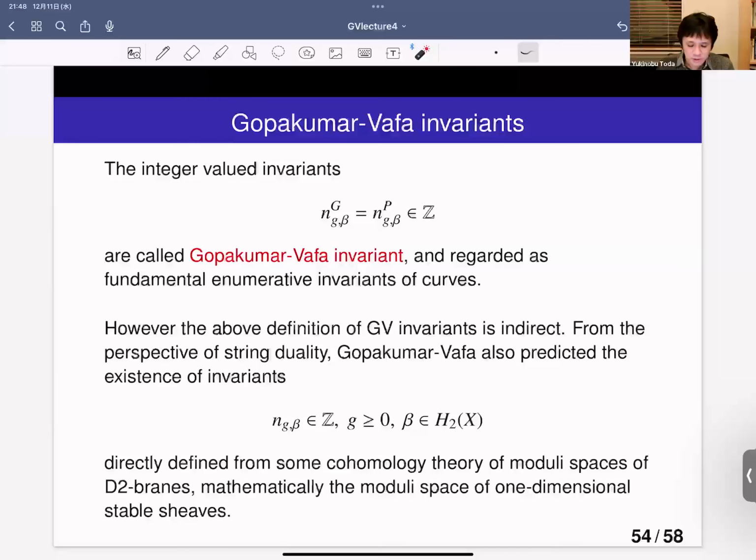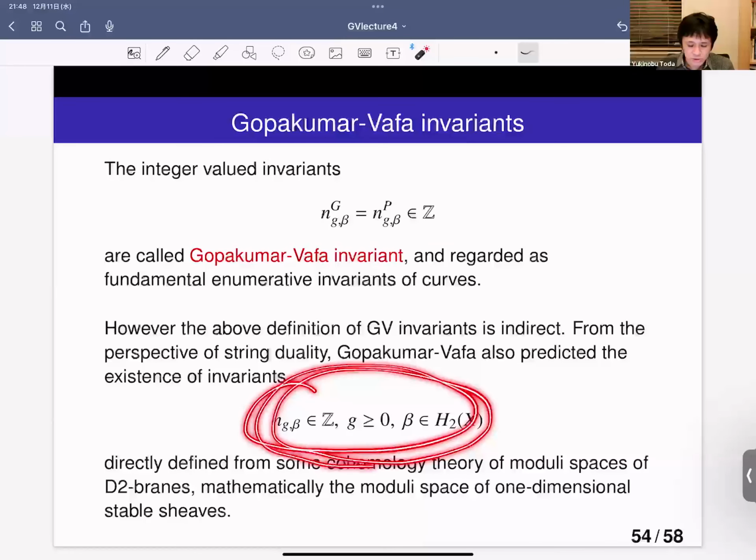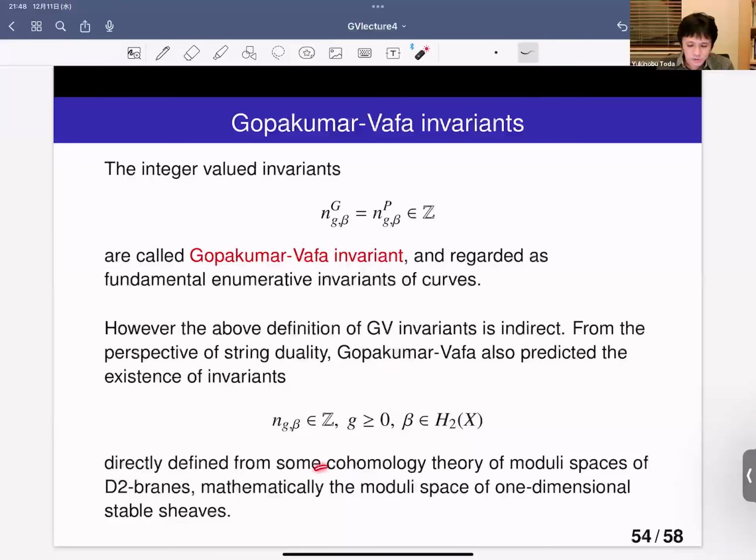They conjecture the existence of this sequence of invariants defined from some cohomology theory of the moduli space of D2 branes. The appearance of the cohomology theory is the different point from the previous story. So far, these are defined through some virtual invariant, so there is no cohomology theory at all. But there should be some moduli space with some interesting cohomology theory which in fact matches with these invariants.